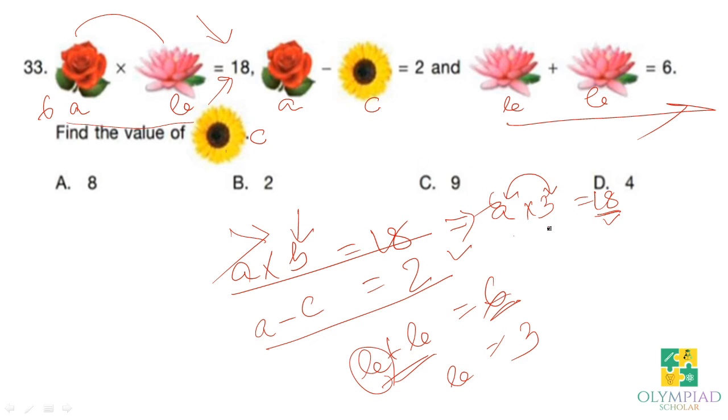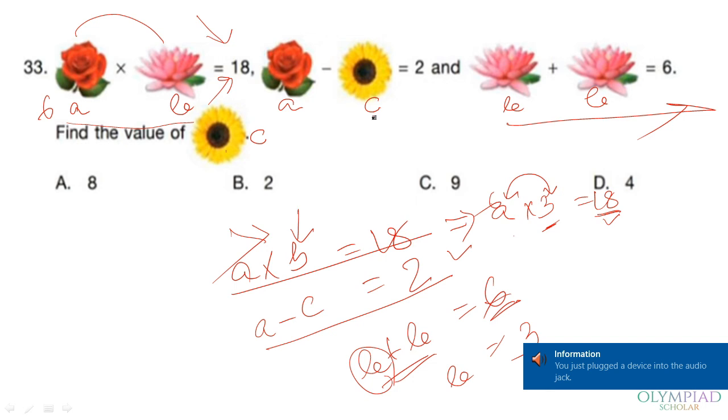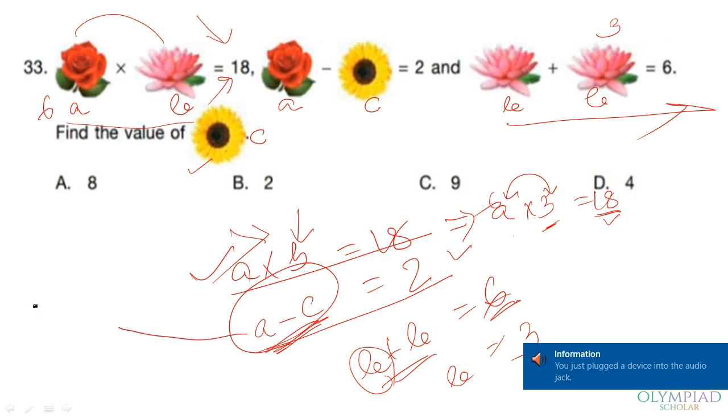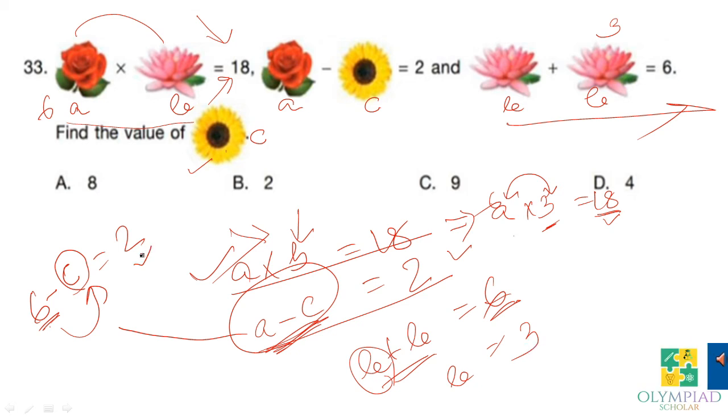And this B is 3, and you need to find out C. We have found A, so we write the expression A minus C equals 2. A is 6, so 6 minus C equals 2. What subtracted from 6 gives 2?